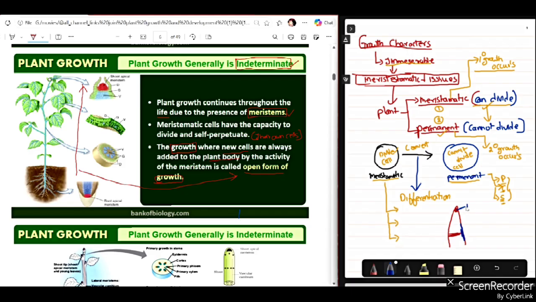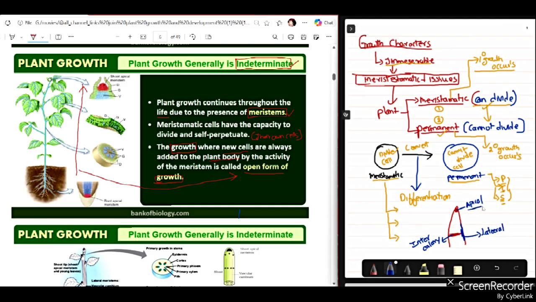On the top, the meristem is called the apical meristem, in the middle it is called the intercalary meristem, and the sides are called lateral meristems.